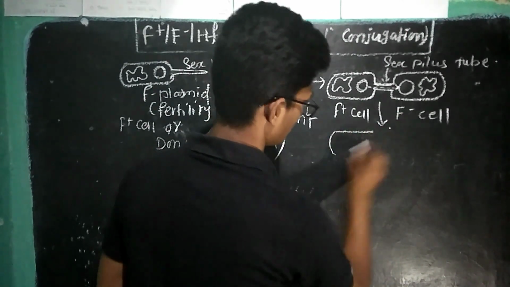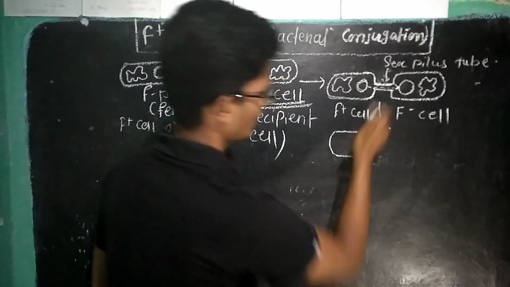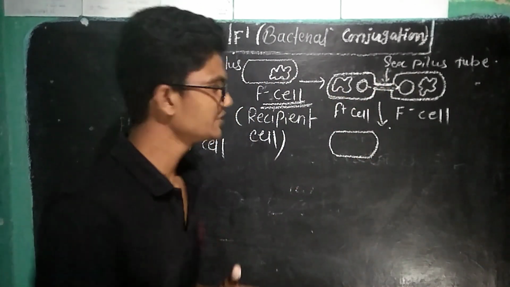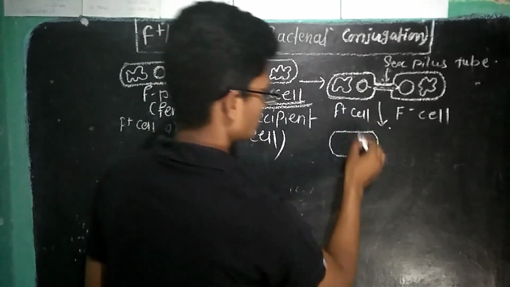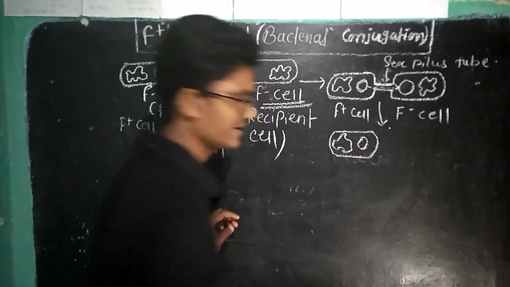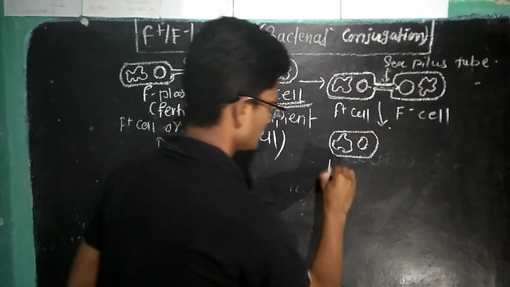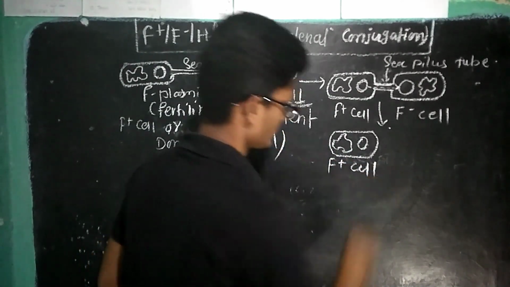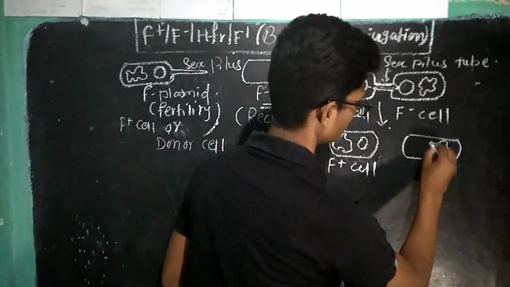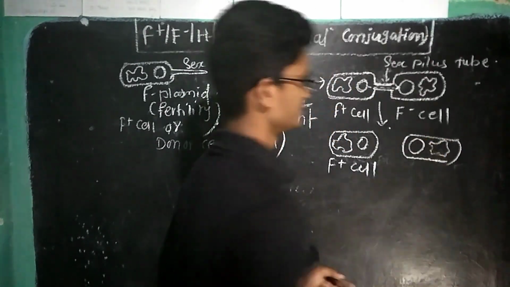See here, after the sex pilus tube breaks, the two cells form as individual cells. This one has the bacterial chromosome and the F plasmid, known as the F plus cell, and this is the other cell, also having a bacterial chromosome and F plasmid.